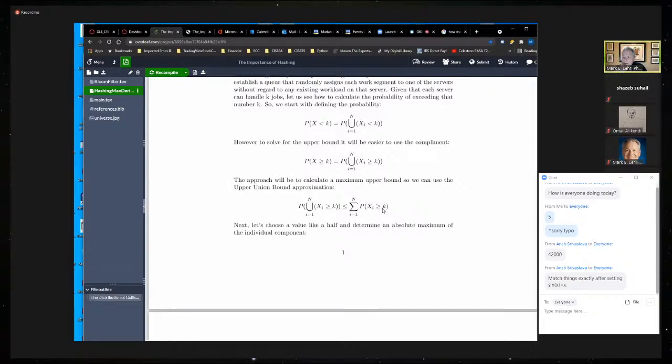What's big O? It's the upper bound. So what I'm trying to do is find the upper bound. Okay. So I'm using the upper bound here for the union to approximate this.